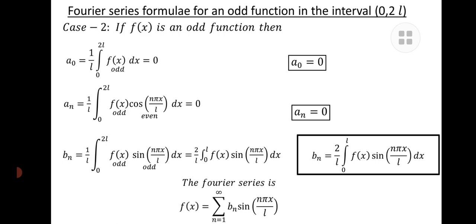So bn is the product of two odd functions, which is even, and by the property we can say it is 2 times the integral. So bn is equal to 2 divided by L integral 0 to L f of x sin n pi x divided by L dx. The Fourier series becomes f of x equal to summation n equal to 1 to infinity bn sin n pi x divided by L.